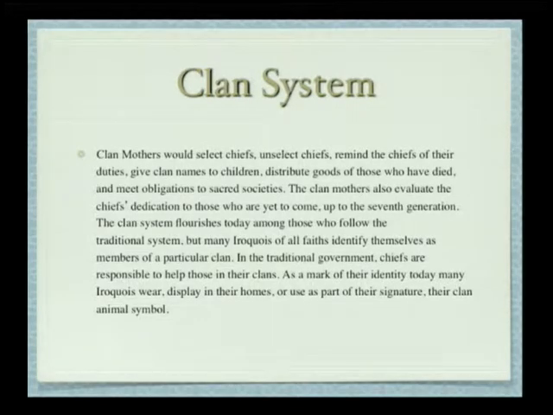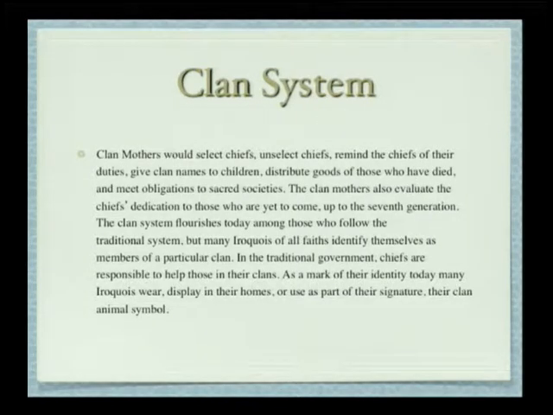But it's not just 7 generations into the future, it's also 7 generations into the past simultaneously. So in other words, nearly 300 years of time span. So not only dedication to those yet to come, but also those who had been.